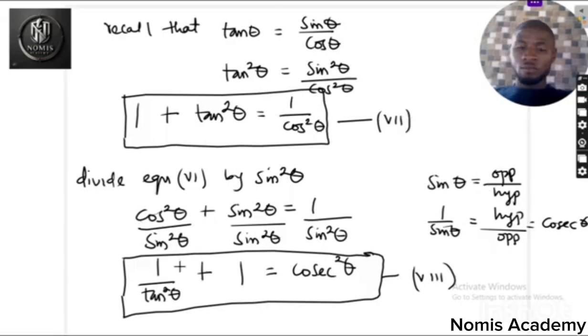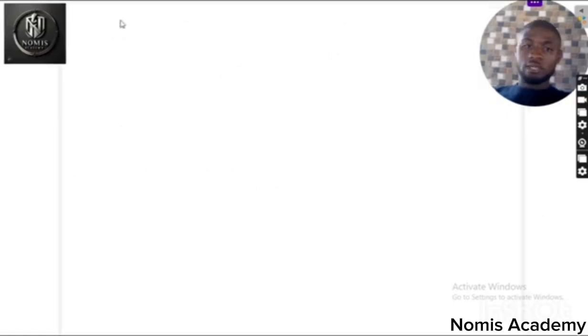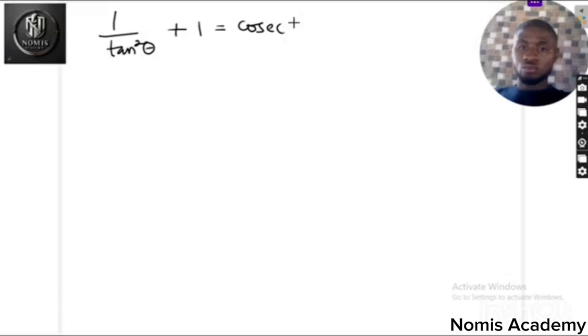Also, from this we can still do something. Let's take it again: 1 all over tan squared theta plus 1 is equal to cosec squared theta. Recall that tan theta is equal to opposite all over adjacent.